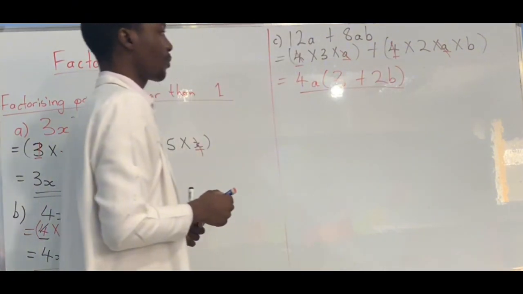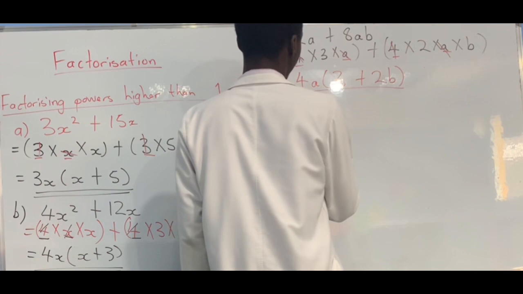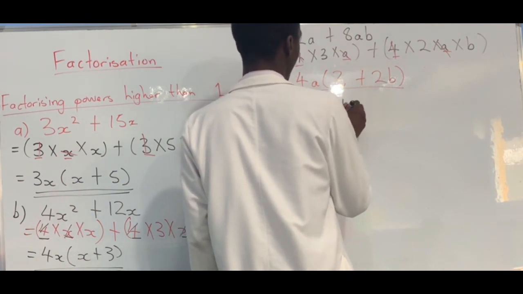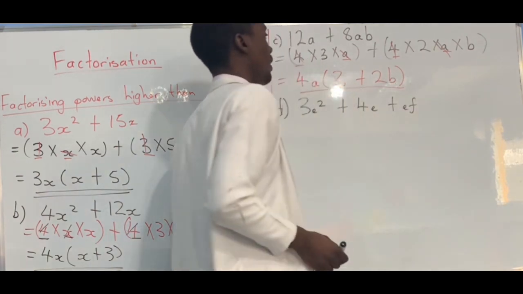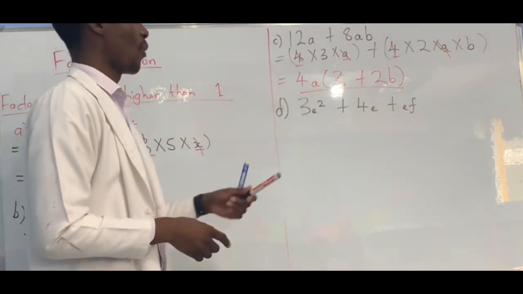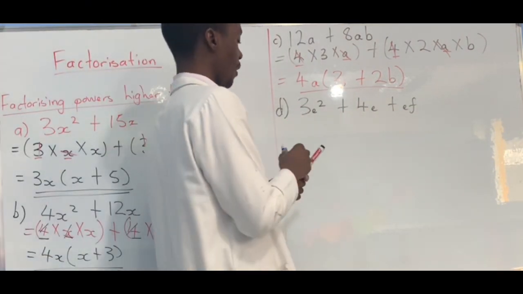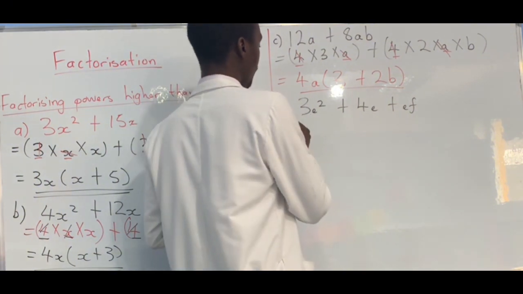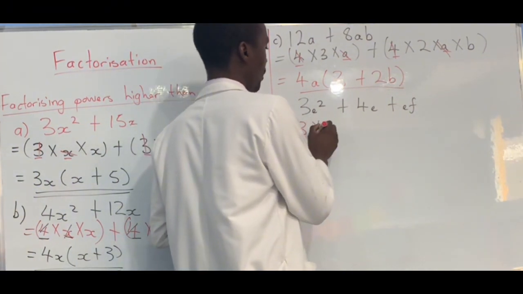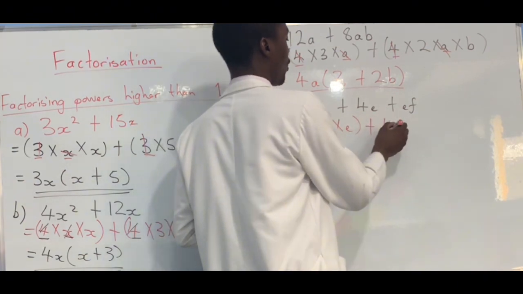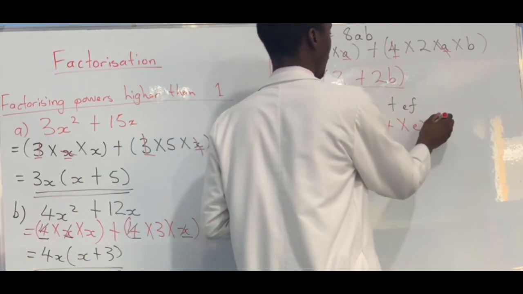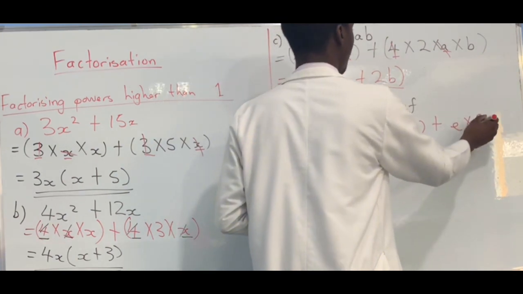Alright, then we move on to our next example. So we're going to have the last example. 3e squared plus 4e plus ef. So you can see that e is appearing in all the terms. We break it down: 3 times e times e plus 4 times e plus e times f.